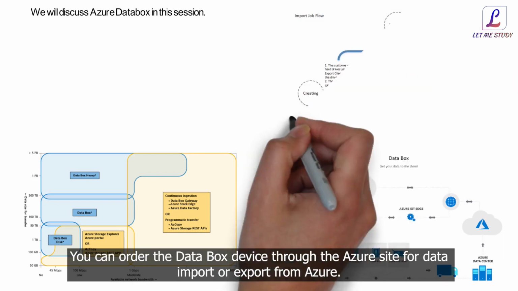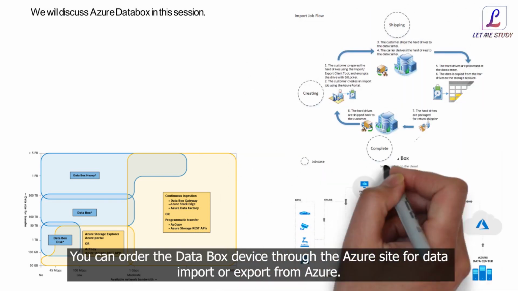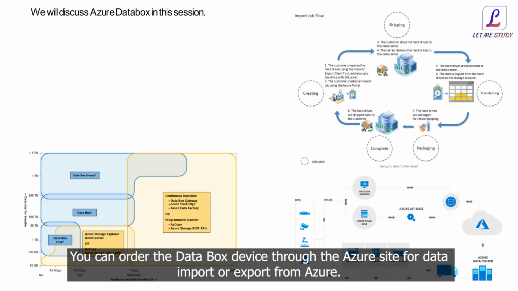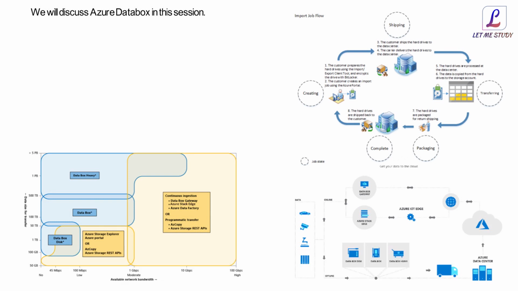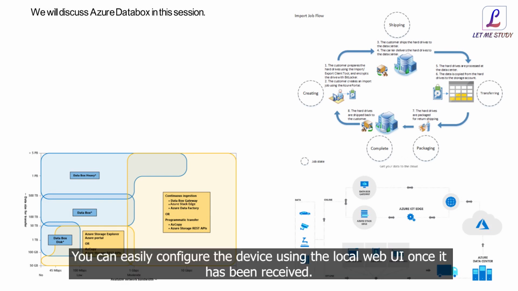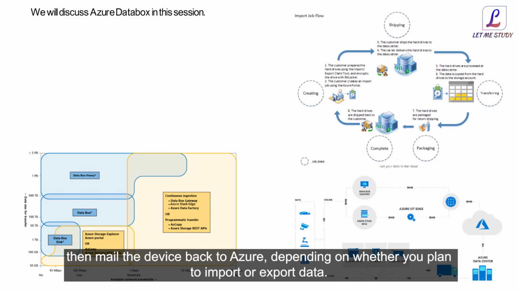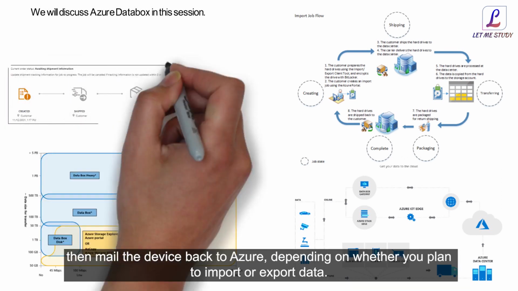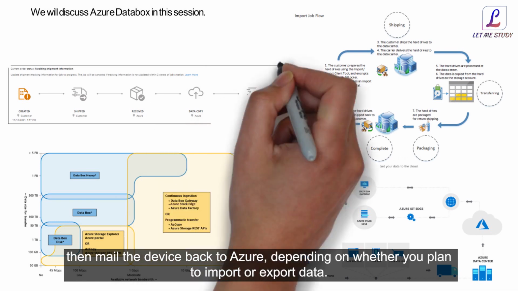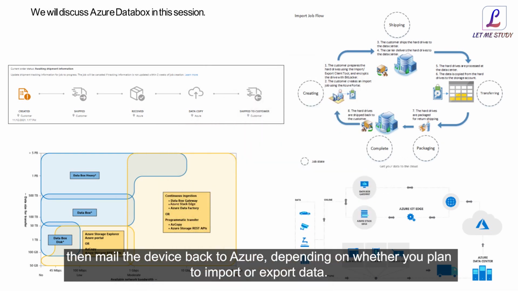You can order the Data Box device through the Azure site for data import or export from Azure. You can easily configure the device using the local web UI once it has been received. Copy the data from your servers to the device or from the device to your servers as appropriate, then mail the device back to Azure depending on whether you plan to import or export data.